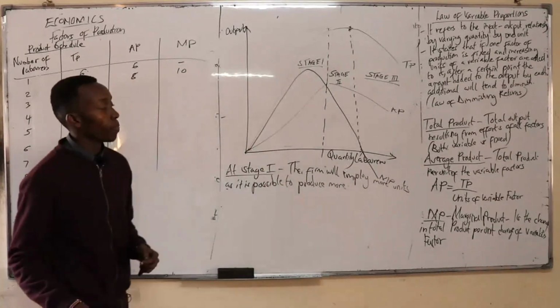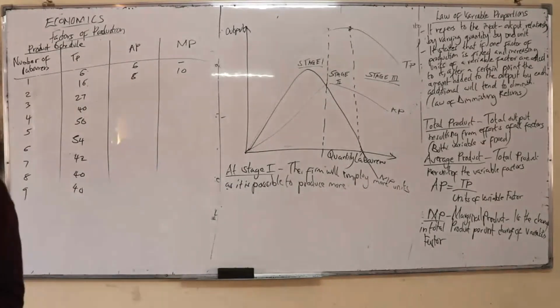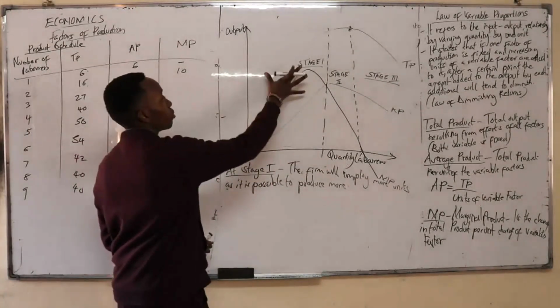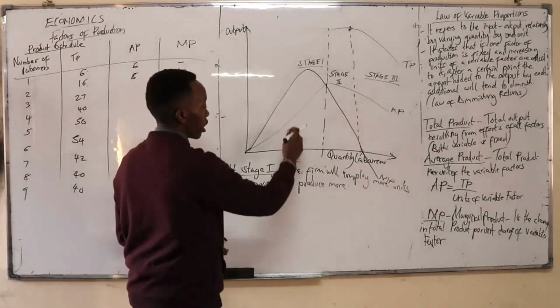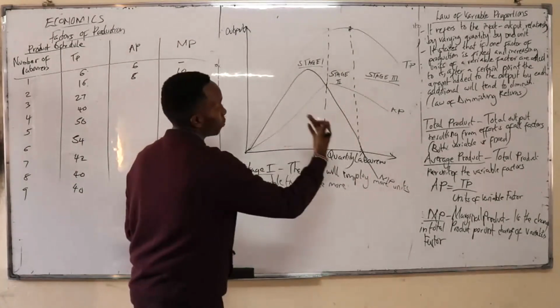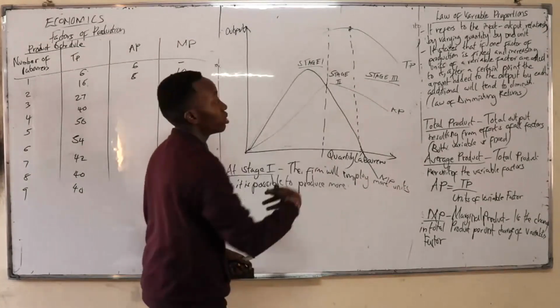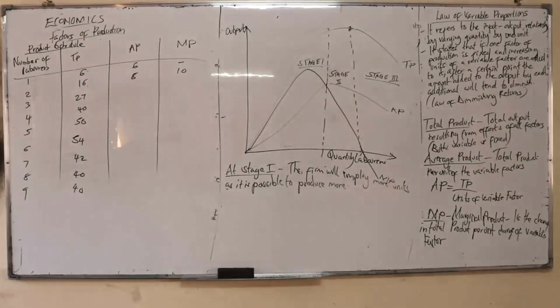So it is ideal to produce at stage two, because if you produce at stage one, there are some resources you're not utilizing. The best thing is to keep on adding more units until you reach the second stage.